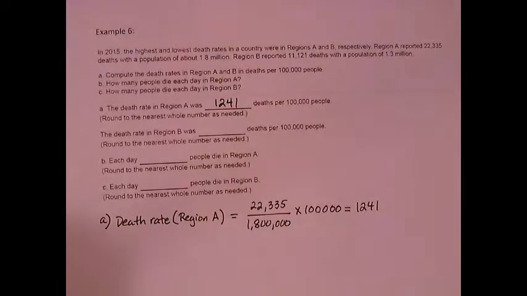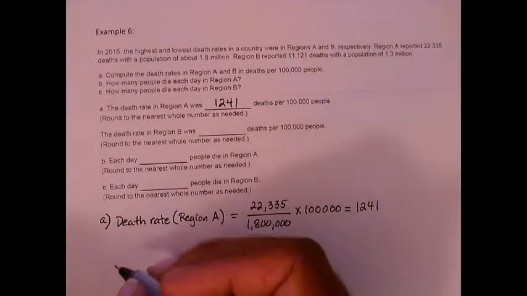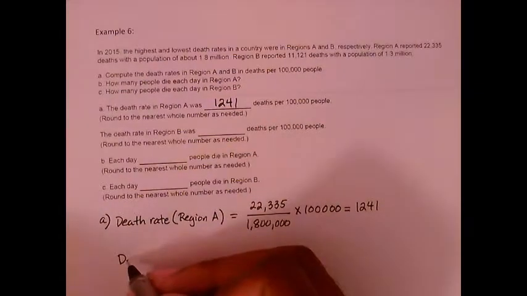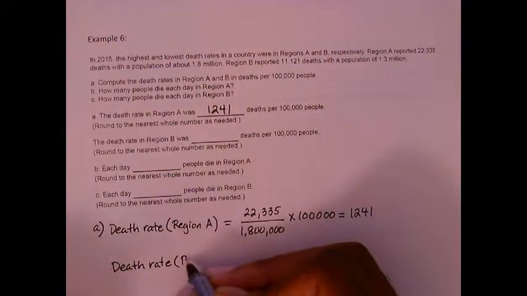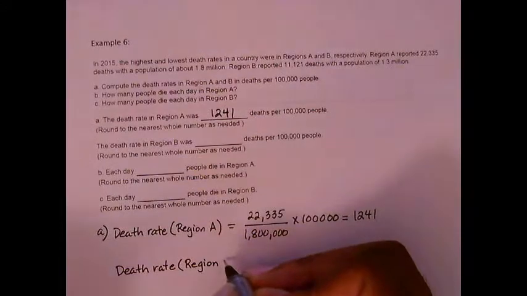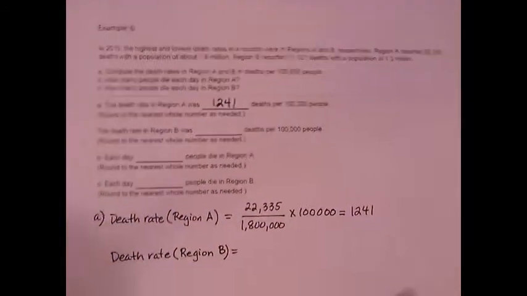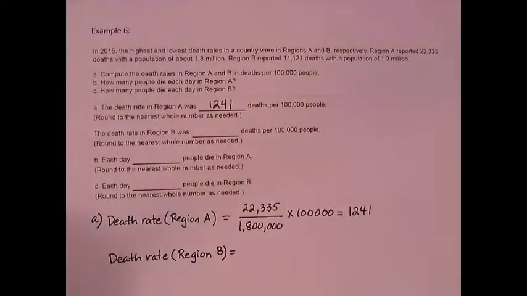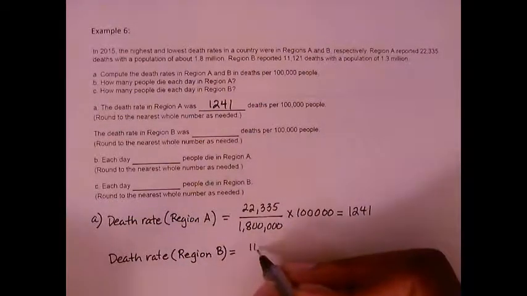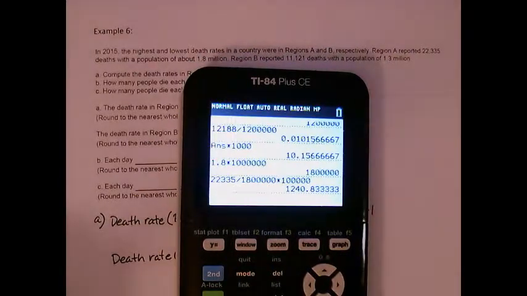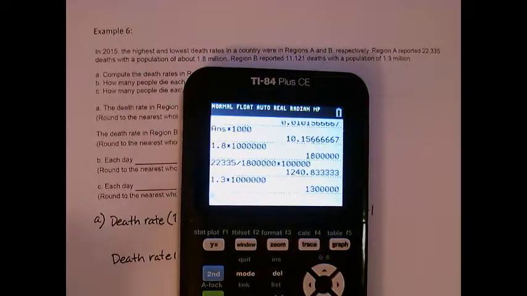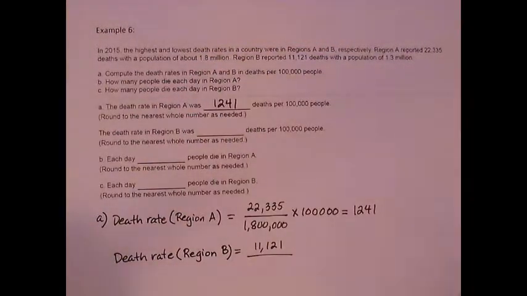And now for the death rate in region B, we do the same thing. This is in region B. The number of deaths in region B was 11,121. We're going to divide that by the 1.3 million, which was the population in region B. So if I do 1.3 times 1 million, I'm going to have 1,300,000.